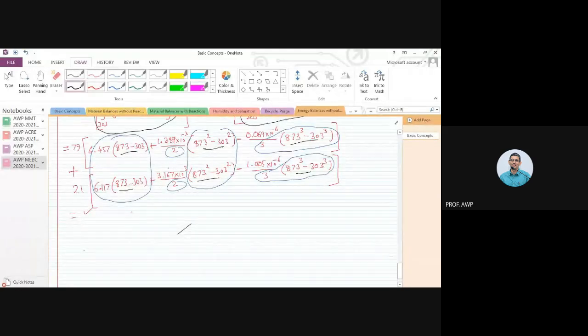Even if you have the older calculator, where is that older calculator gone? 991 MS or something like that. One second, let me get that old calculator.